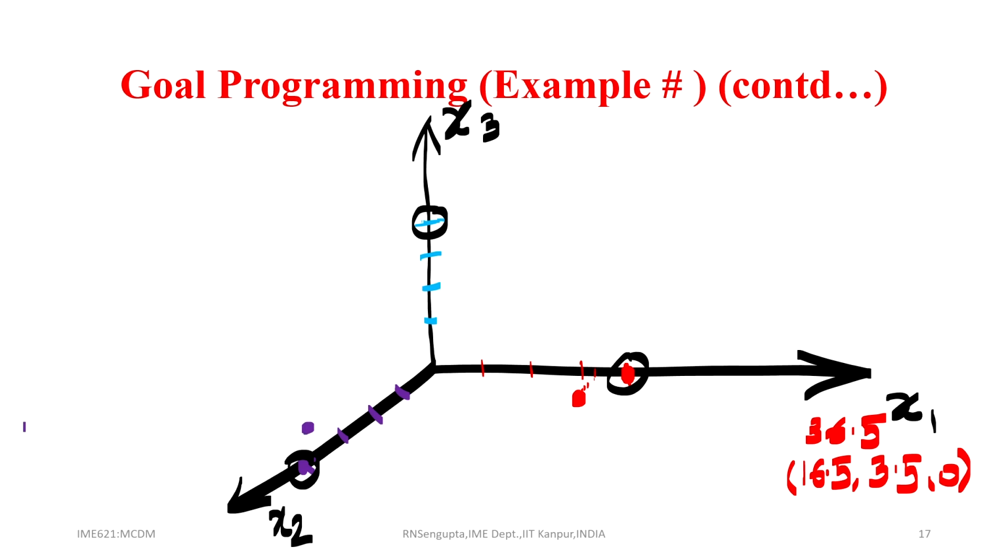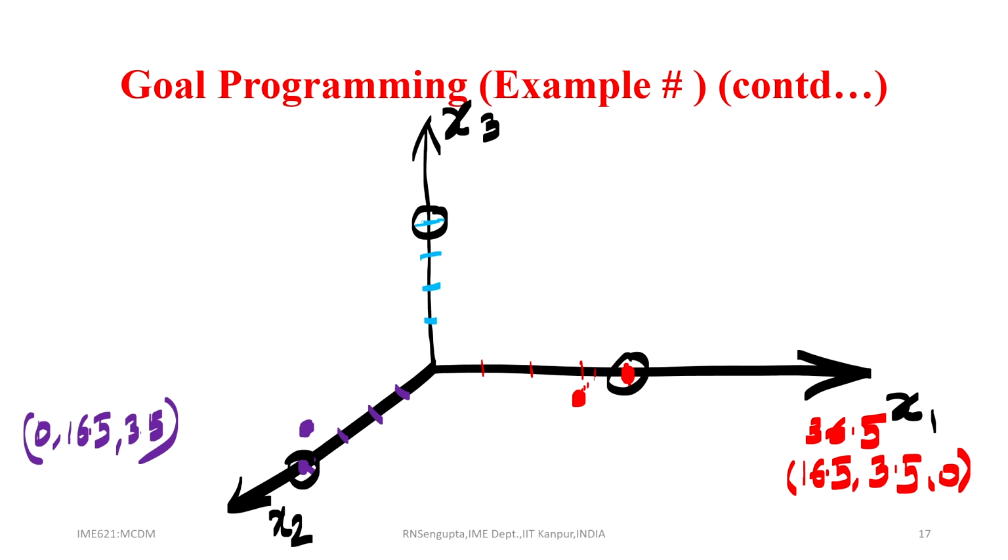So, this will be 0 for x1, 16.5 for x2 and 3.5 for x3. So, these are the points, this is the point. And lastly, when I consider x3 to be in the other point.